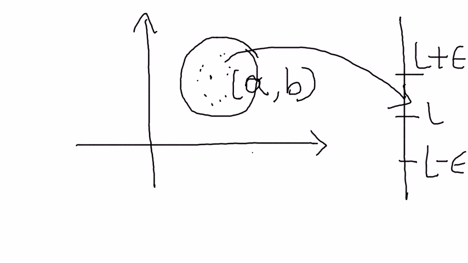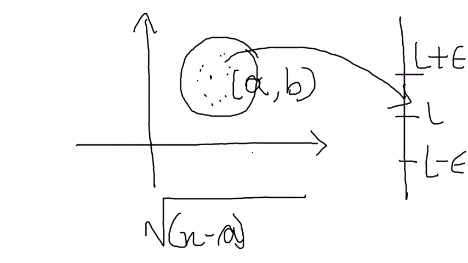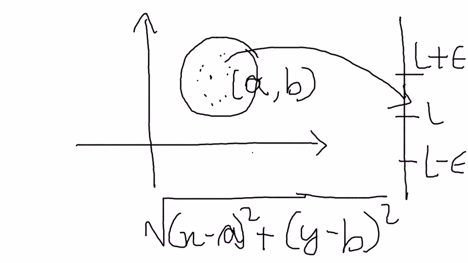So that's how you get that x minus a whole square plus y minus b whole square. Because if you remember, from the Pythagoras theorem, that simply represents the radius of a circle, right? And what you're saying is that the point must be within the circle. That's how we get that expression.